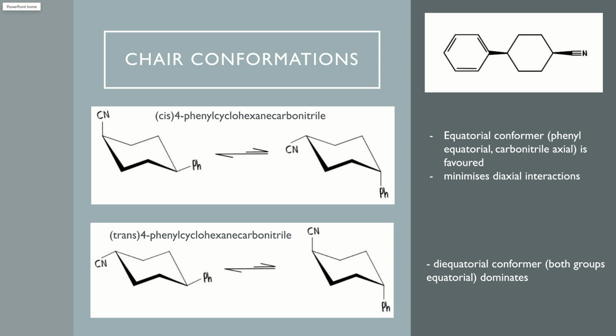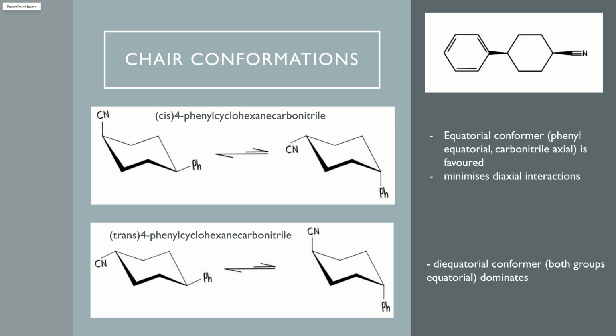In cyclohexane chair conformations, equatorial positions are generally preferred for larger groups, such as a phenyl group. This is because they minimize diaxial interactions. With this in mind, when cis 4-phenyl cyclohexane carbonitrile is at equilibrium, the effects of the substituents on cyclohexane cancel out, as one group must always be axial and one equatorial.